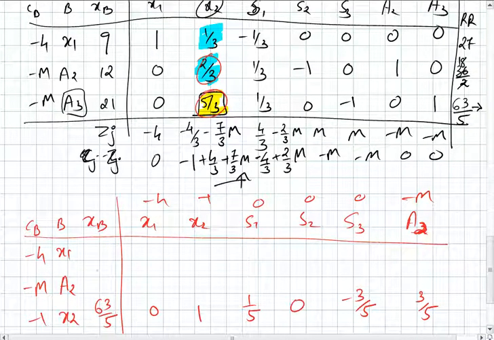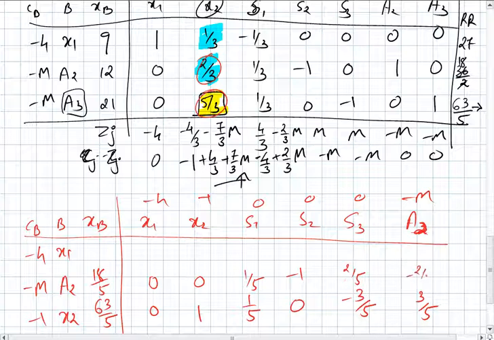So we are having 18 by 5, here it is 0, 0, 1 by 5, minus 1, 2 by 5 and minus 2 by 5. Here to make this entry 0, we have to multiply with minus 1 by 3 and add up there. So here it is 24 by 5, here it is 1, 0, minus 2 by 5, 0, 1 by 5 and minus 1 by 5.